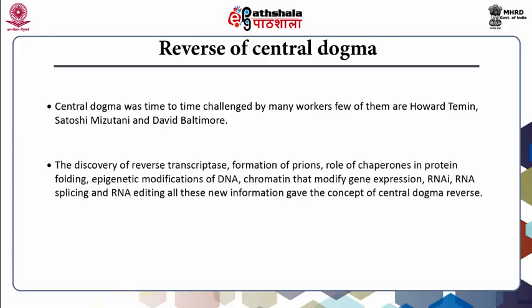The discovery of reverse transcriptase, formation of prion, role of chaperone in protein folding, epigenetic modification of DNA, chromatin that modifies gene expression, RNAi, RNA splicing and RNA editing are new information currently available, and they supported the concept of central dogma reversal. Let us see in subsequent slides how these discoveries challenge central dogma.